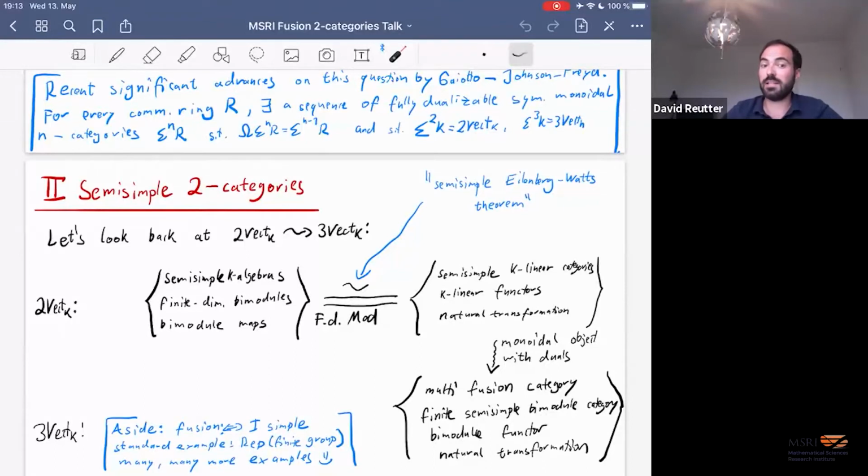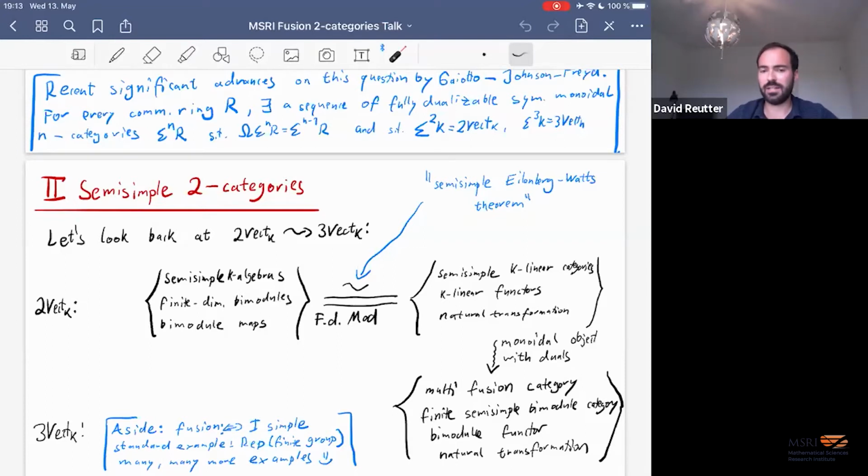And these two categories are actually equivalent. If you take the category of finite dimensional modules of a semi-simple algebra, you get a semi-simple K-linear category, and every semi-simple K-linear category arises in this way. Similarly, the bimodules between two semi-simple algebras precisely correspond to linear functors between these categories. So you can think of this as a semi-simple version of the Eilenberg-Watts theorem.